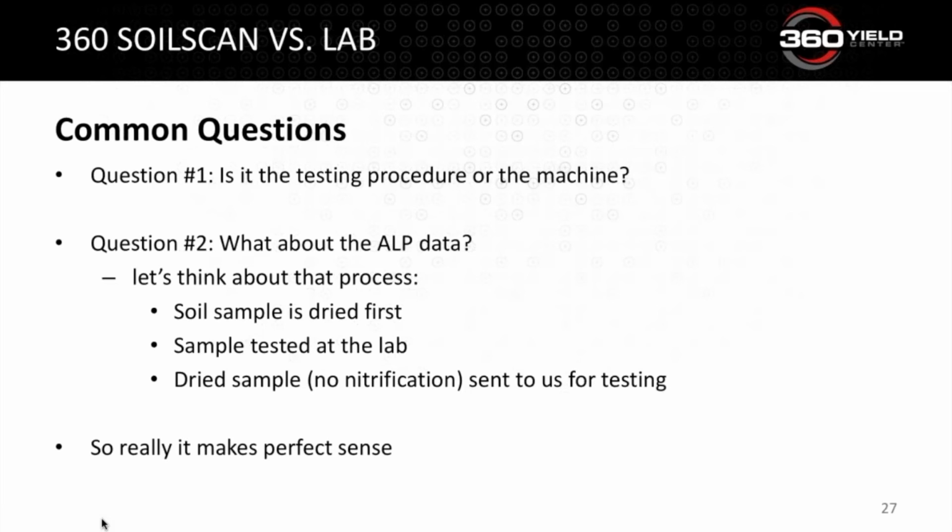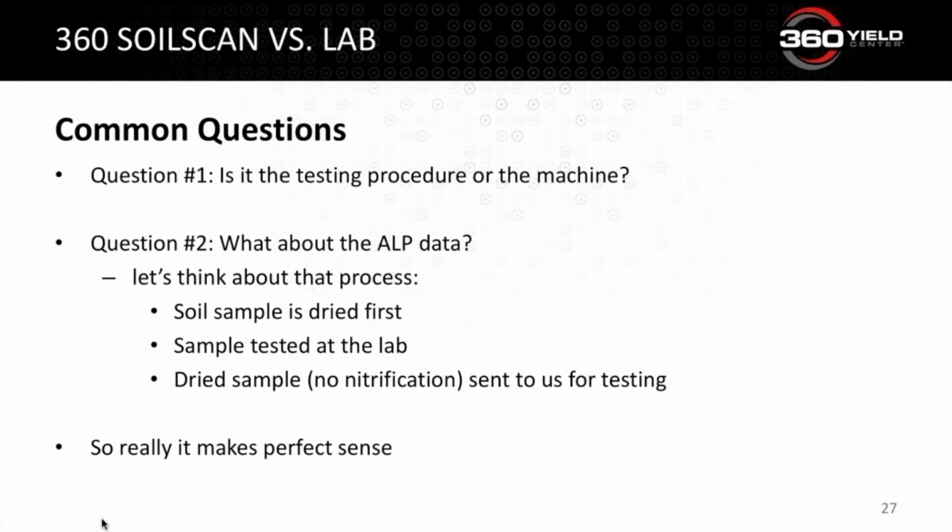Well, let's think about the process for that ALP certification process. What they do is they take a known sample, and they dry it. And when they do that, that dries and stops the nitrification. Then they send that sample out to the lab. So is nitrification occurring in the shipping of that sample? Probably not, because it's been dried and handled.